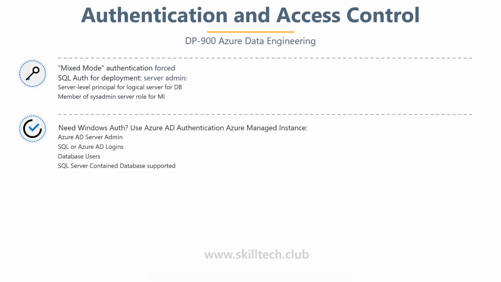You can also configure Windows authentication, but for that you need to associate it with your Azure Active Directory authentication. So you can have Azure Active Directory administrators, and you can have your SQL Server or Azure users who can directly log in and connect to your SQL Server databases.